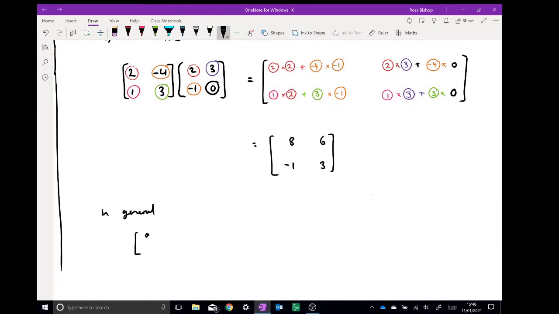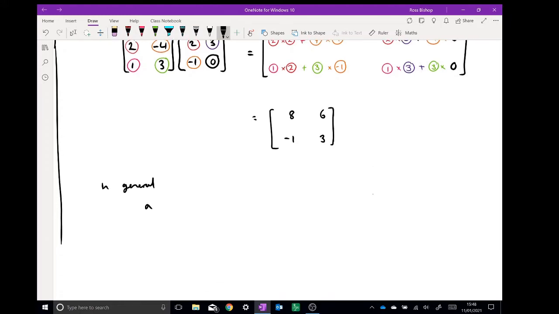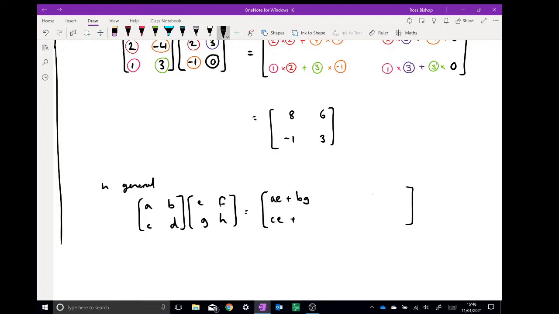if you have 2 matrices, we'll just do 2 by 2 to start with. So A, B, C, D multiplied by E, F, G, H, that will give you a matrix of A times E plus B times G, and then on the bottom there, CE, add DG, and then over on the top right it would be AF, add BH, and then CF, add DH.